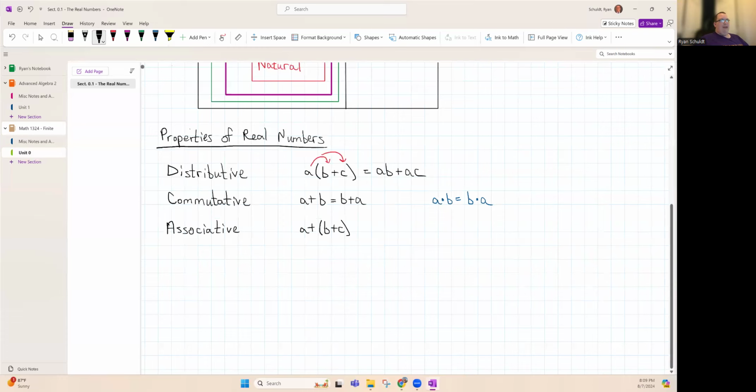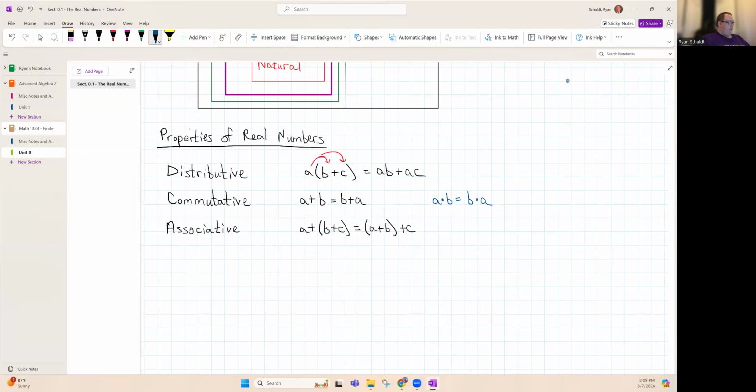Well, that would be the same as if A and B left and then met up with C. Either way, A, B, and C are all at the same place. It's just who rode with the other. In the first case, B and C rode together and met up with A. In the second case, A and B rode together and met up with C. They all ended up at the same place.